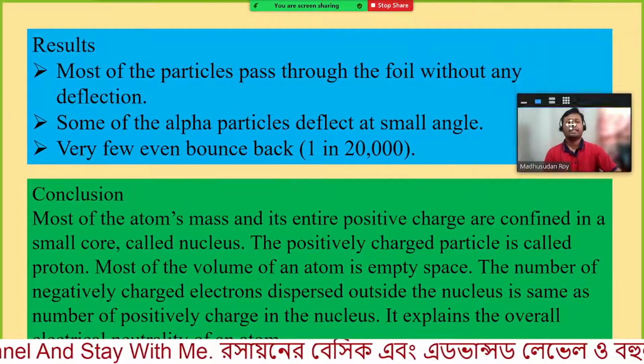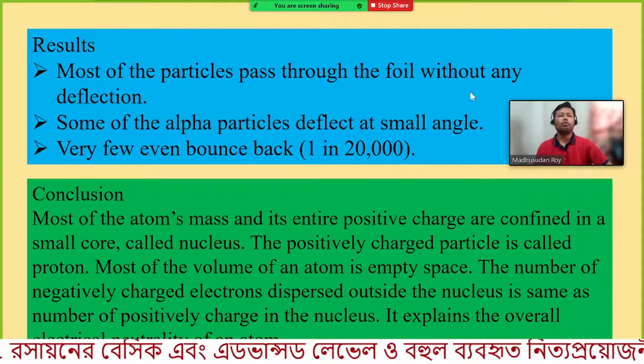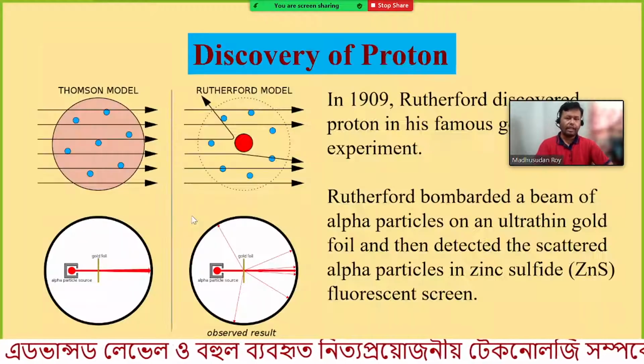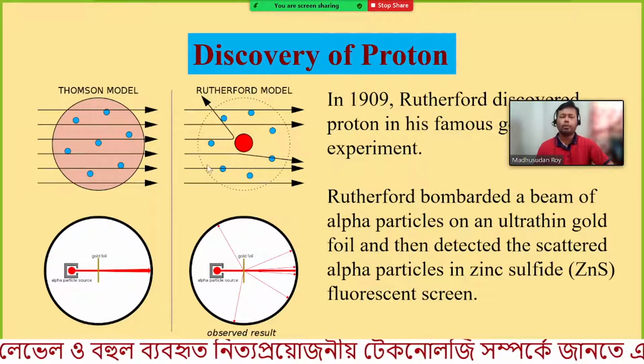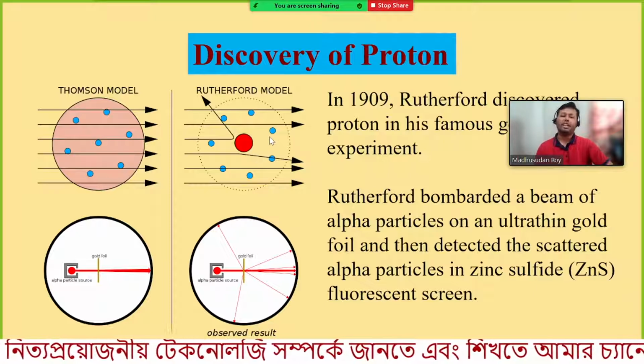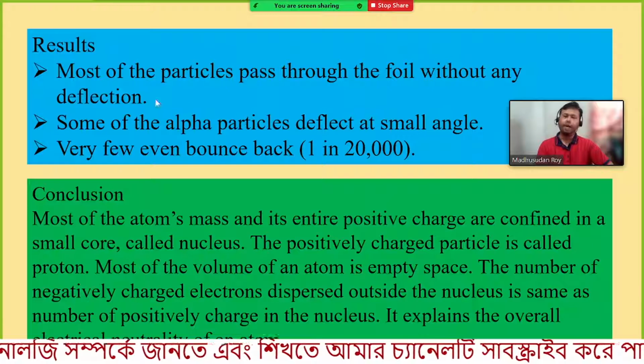Now, what are the results from the Rutherford experiment? Most of the particles pass through the foil without any deflection. As we have already seen, most of the particles move through the atom without any deflection, because most of the atom is empty.